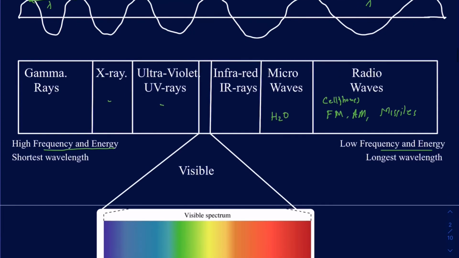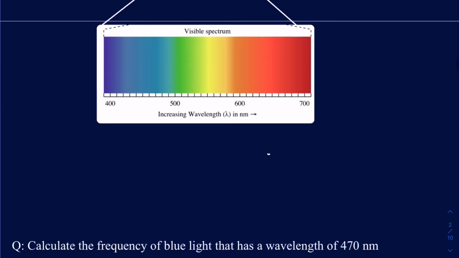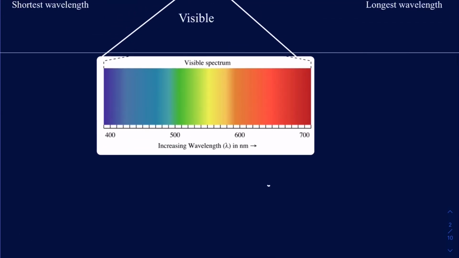Okay, so let's go back and focus a little bit on the visible spectrum. In the visible spectrum, we have obviously this rainbow, 7 colors, and if you want to memorize the order of the 7 colors, just memorize this word. It's called VIBGYOR. It stands for violet, indigo, blue, green, yellow, orange, and red.